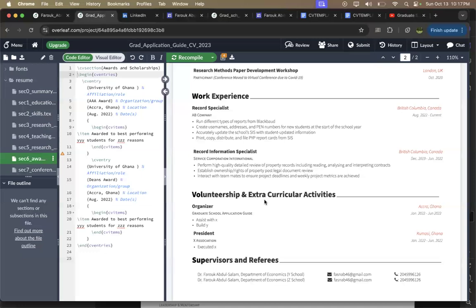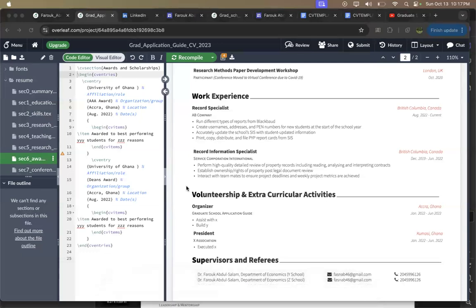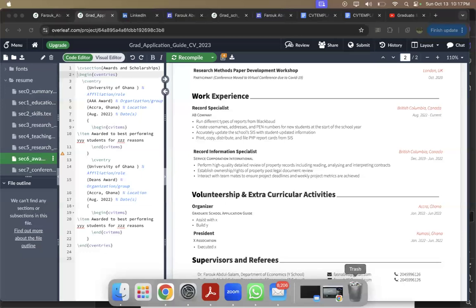Yeah, it is very, very important. They really like it. I remember during my time, I was the vice president for the Economic Student Association, and also volunteered when I did some internship with the United Nations. They wanted me to establish a club on campus.